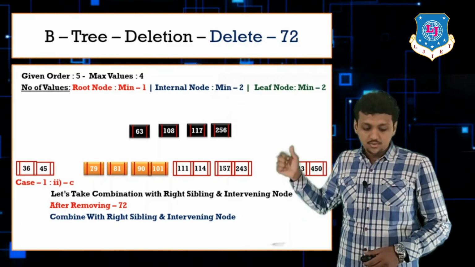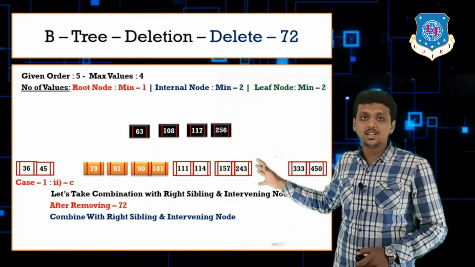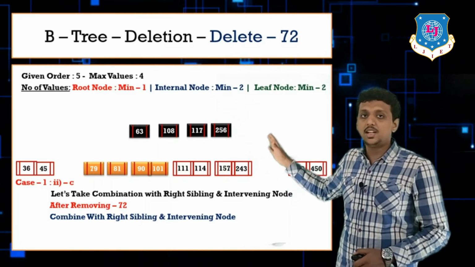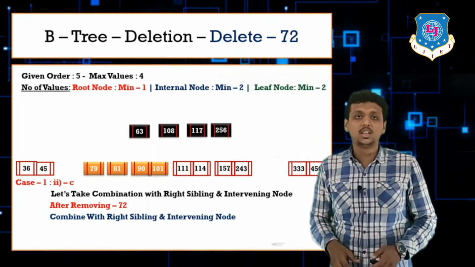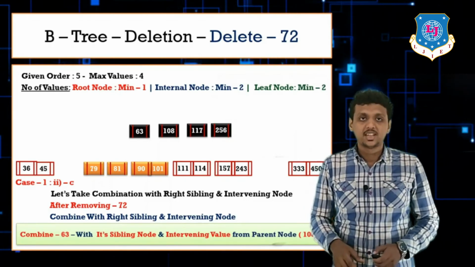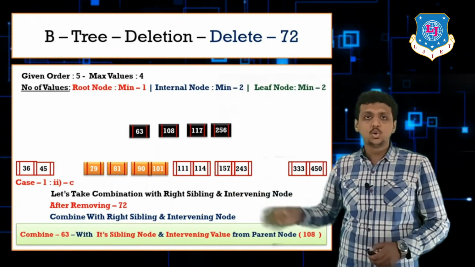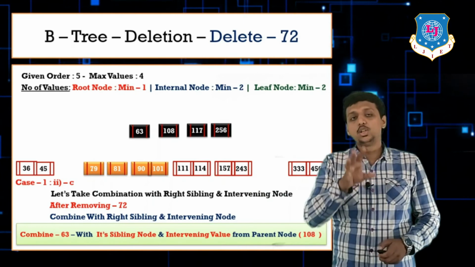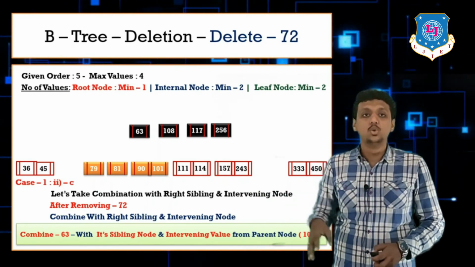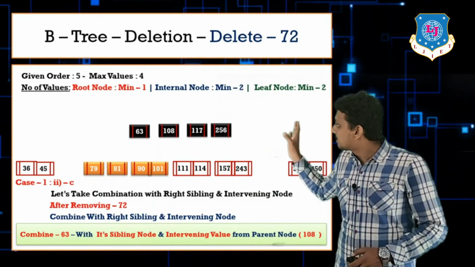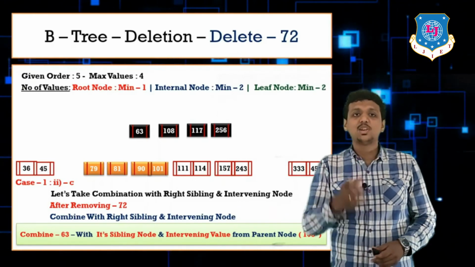So after such deletion operations, 63, 100, 117 and 256 are combined together, making a root node. And what about the leaf nodes? You need to set these nodes according to the rule: smallest values on the left side, greatest values on the right side.